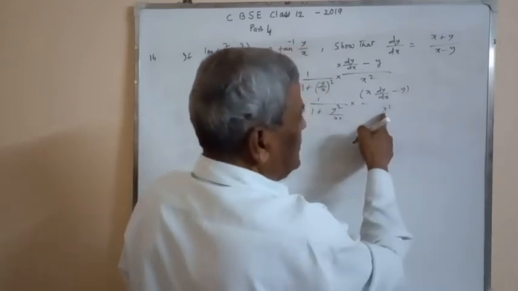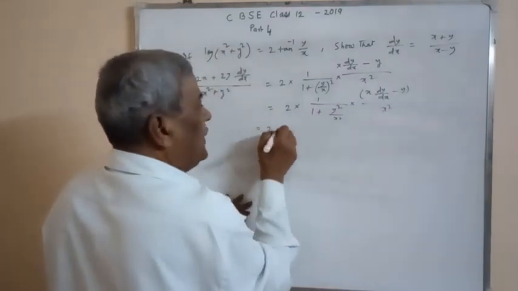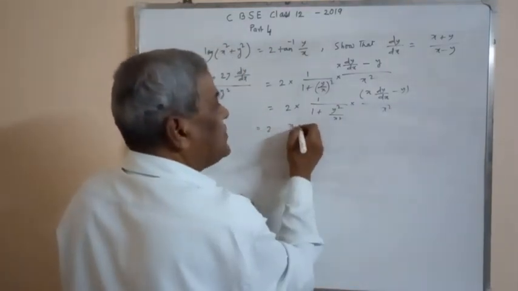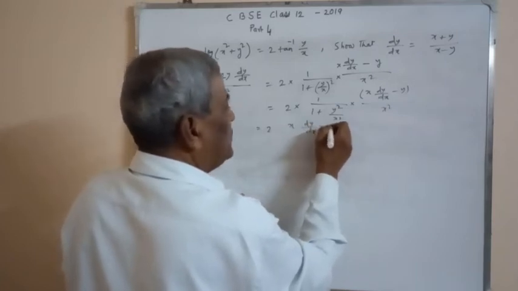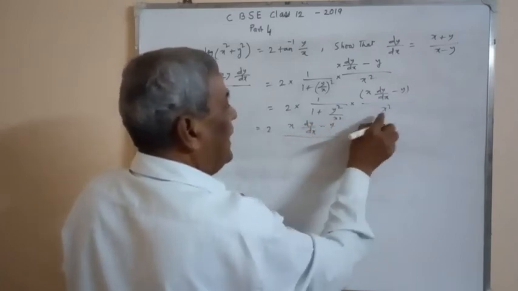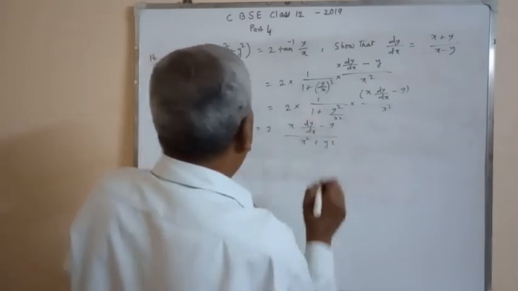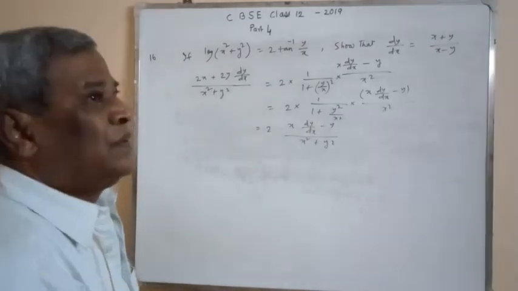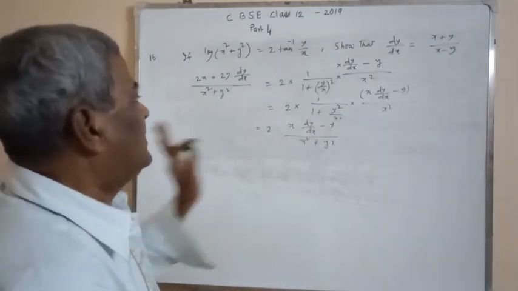Now multiply this x square with that. It is equal to 2 into x dy dx minus y divided by x square plus y square. So ultimately we get this is equal to that.